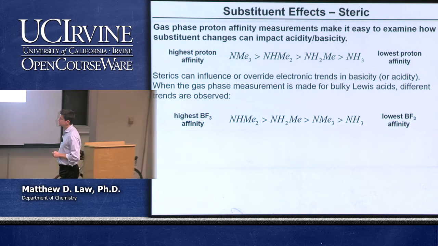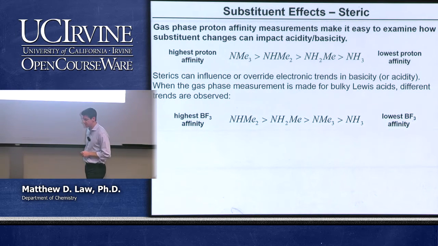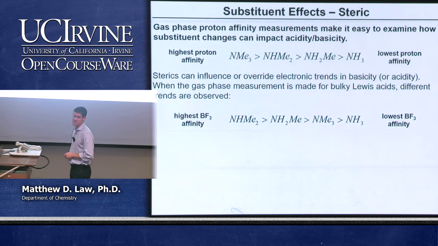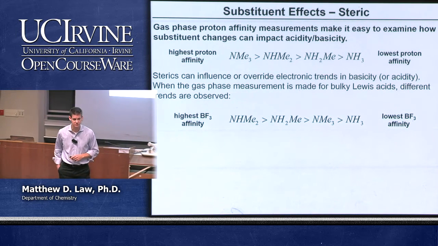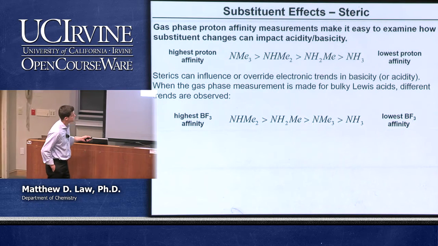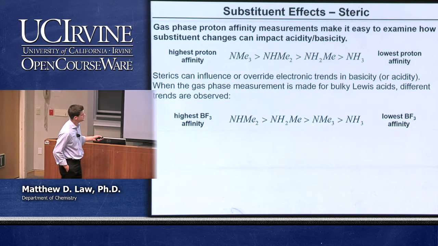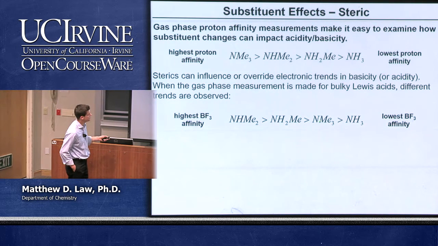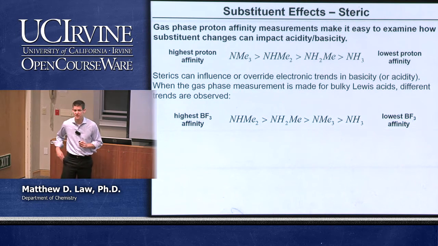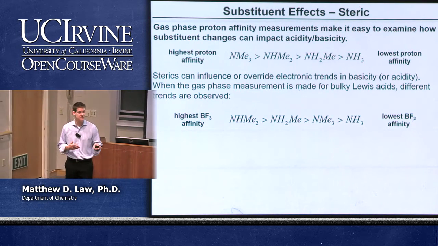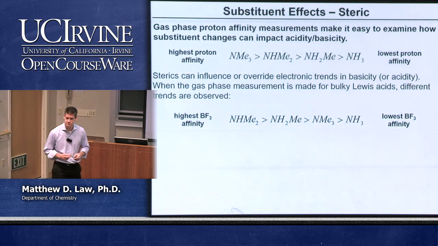So why is this? Well, we can understand this in terms of the amount of space that those different bases have around them to interact with the boron trifluoride. So the trimethyl is just too sterically hindered now to interact as strongly with boron trifluoride compared to those that have a few less methyls. So we have a balance between inductive effects and steric effects kicking in now.